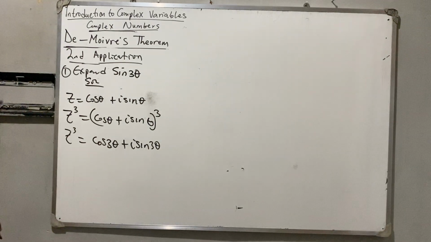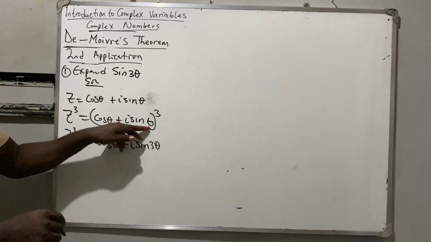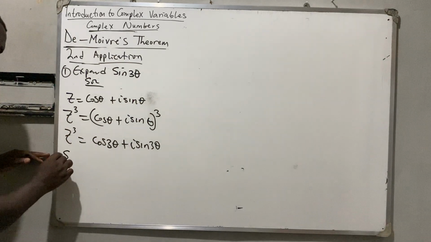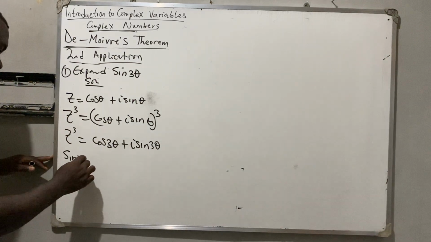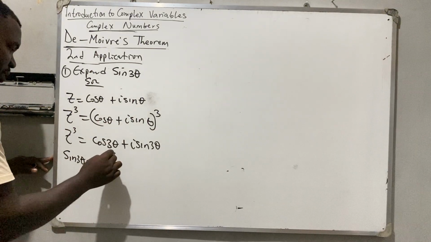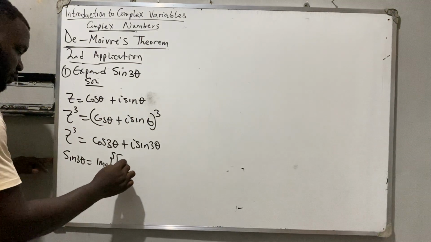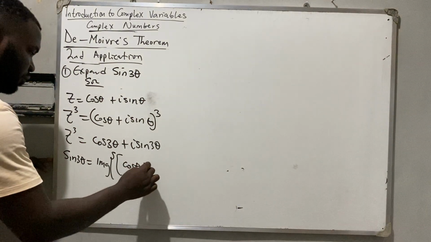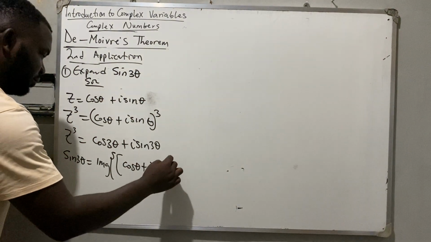You will notice that this one is the imaginary part of this thing. Therefore, sine 3 theta is simply the imaginary part of the expansion of cos theta plus I sine theta raised to power 3.